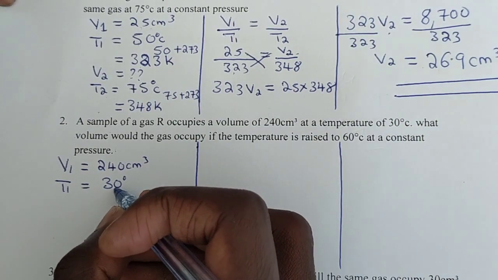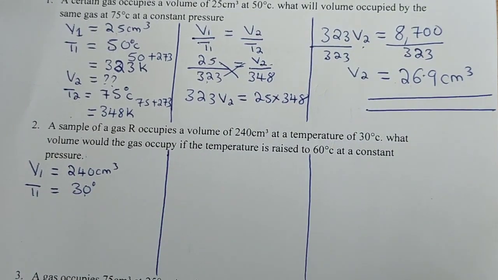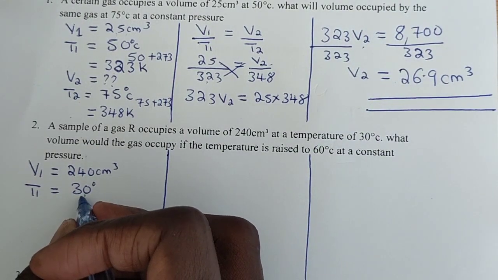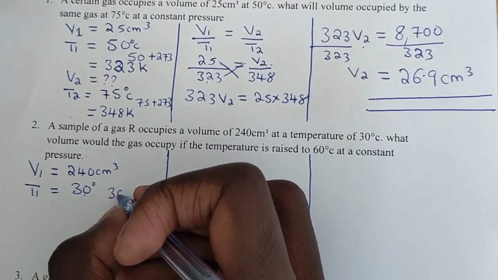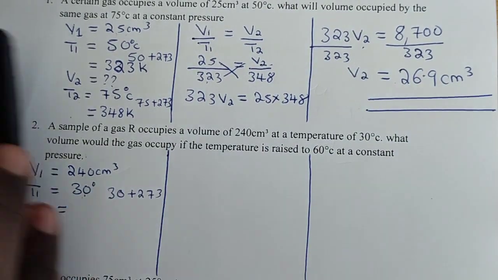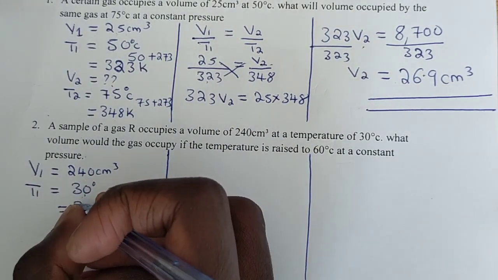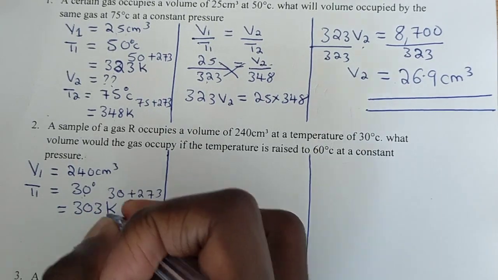So we change this 30 to Kelvin. To change from degrees Celsius to Kelvin, you add 273. So we have 30 plus 273, which is 303 Kelvin.